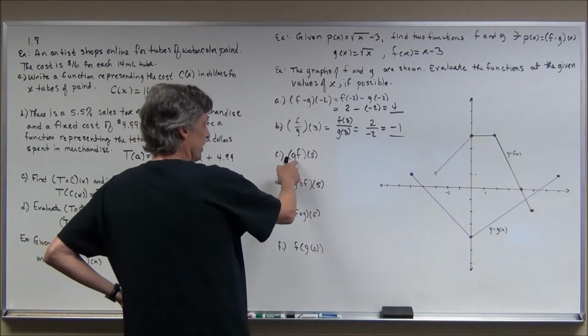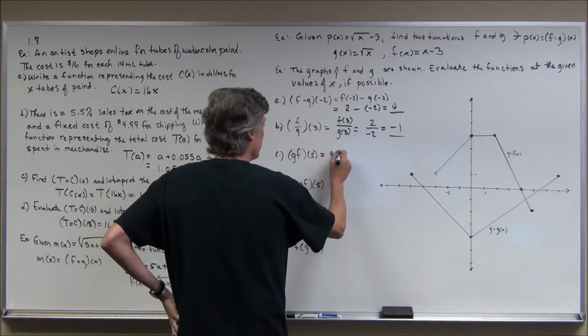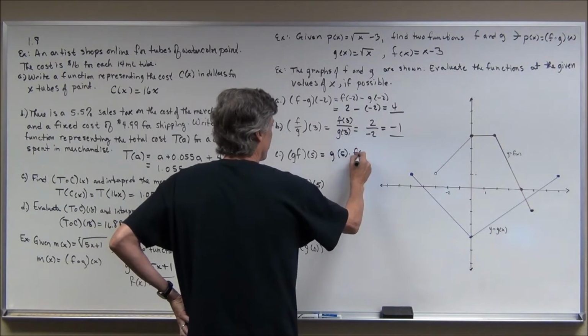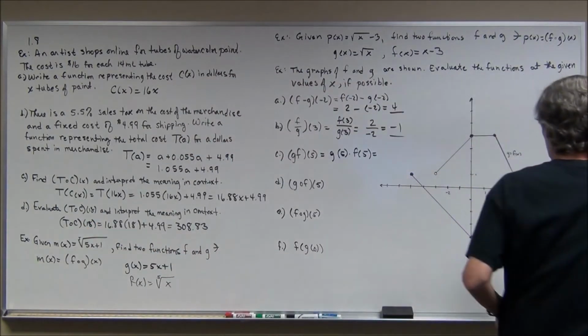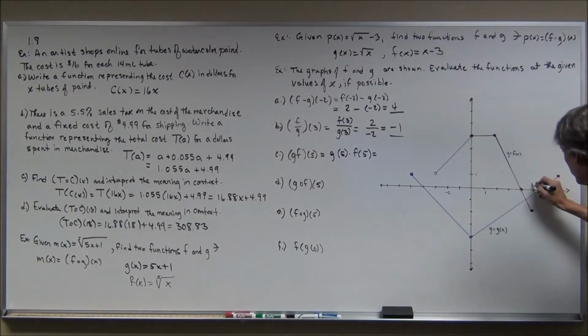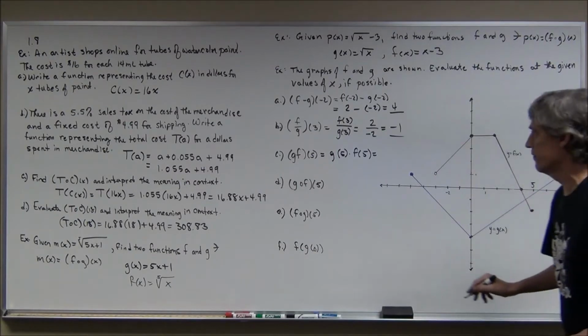g times f, there's no times symbol between, but it's understood to be multiplication, would be g of 5 times f of 5. g of 5, that'd be way over here, 1, 2, 3, 4, 5, here's 5. It's hard to tell. It looks like negative a half.